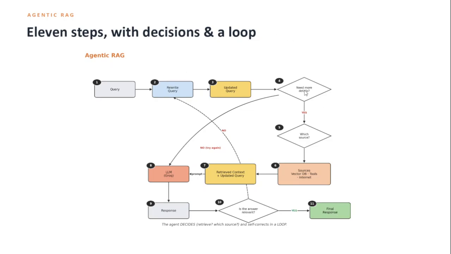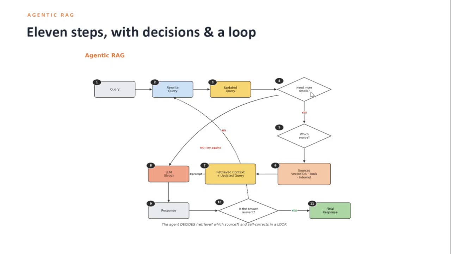Second, for example, if it requires more details, then it will check which source it needs to retrieve the answers from. Now it has three options. You can configure which sources you want your LLM or RAG agent to check. First it will check your vector database, then it will check tools, and then it will check the internet.